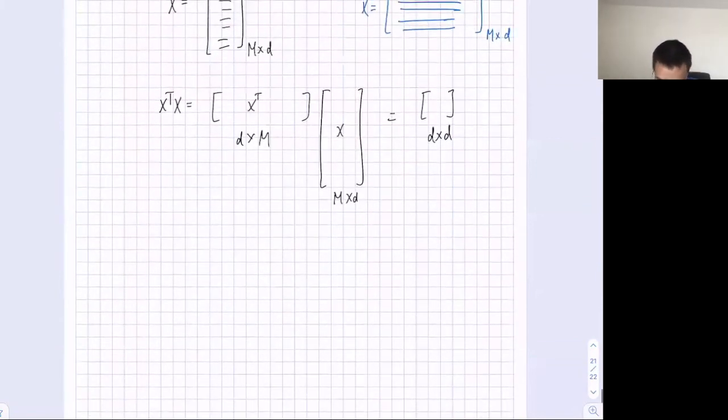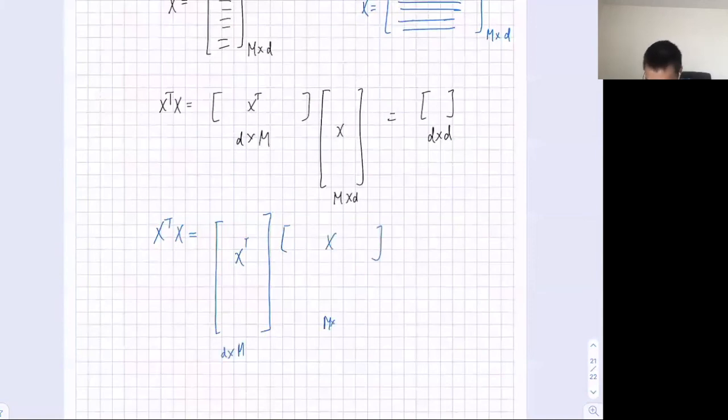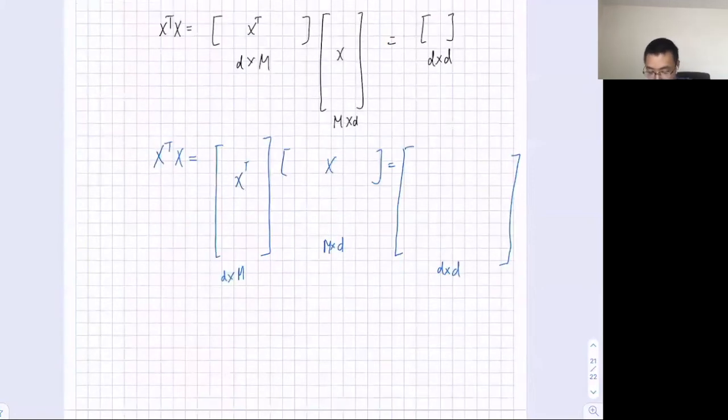So if I compute X transpose X, it's a tall matrix times a fat matrix. It's still D by M and M by D, but this time it gives you a very big matrix, D by D. The rank of the matrix is at most M, and we know that M is less than D, then the matrix is not full rank, it's not invertible.